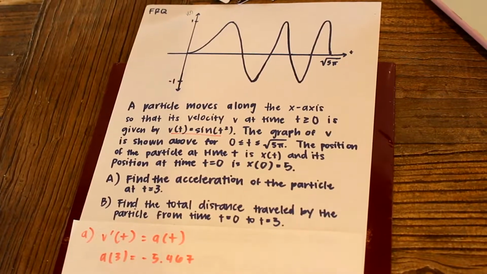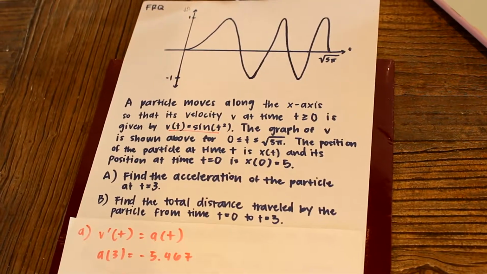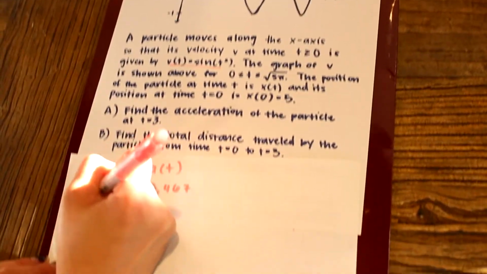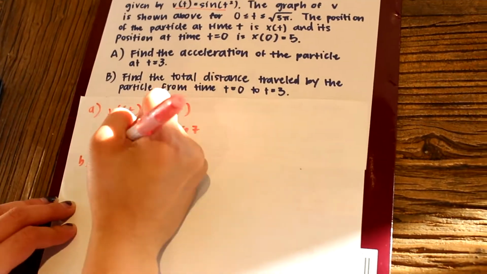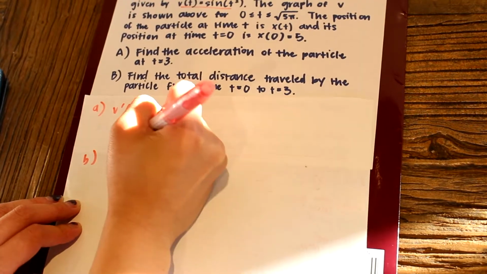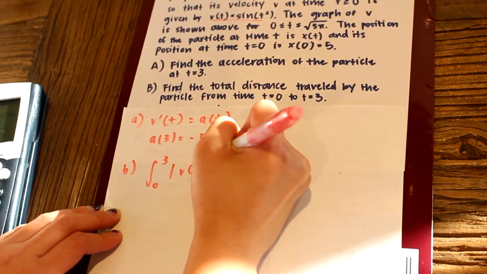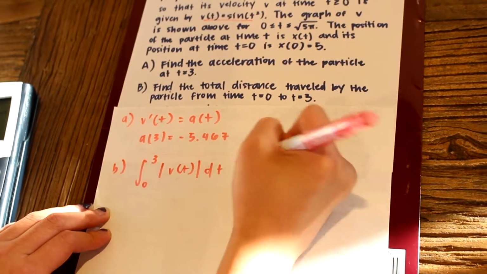Part B asks to find the total distance traveled by the particle from time t equals 0 to time t equals 3. To find the total distance, you find the integral over the interval 0 to 3 of the absolute value of the velocity dt.